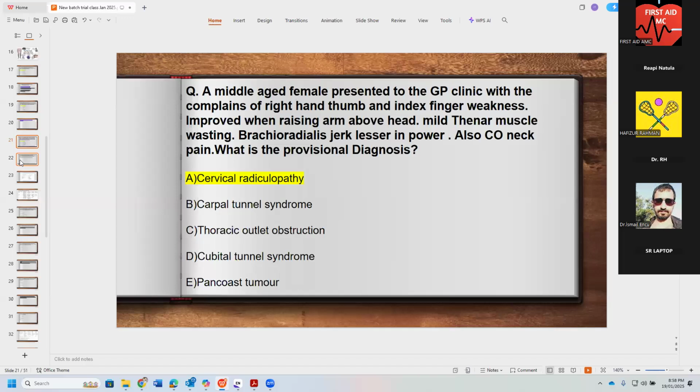Again, it's compressing the brachial plexus on one side, so ipsilateral paresthesia and weakness on one side. Again, because it's present within the thoracic cavity and the laryngeal nerve is passing just behind it, it can compress that and cause hoarseness. And sometimes it can compress your superior vena cava as well and cause superior vena cava syndrome. Is it clear? Alrighty.